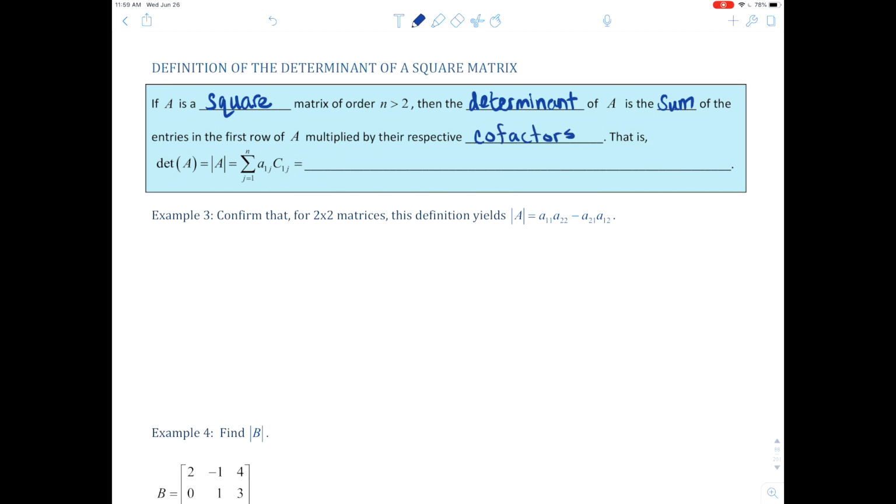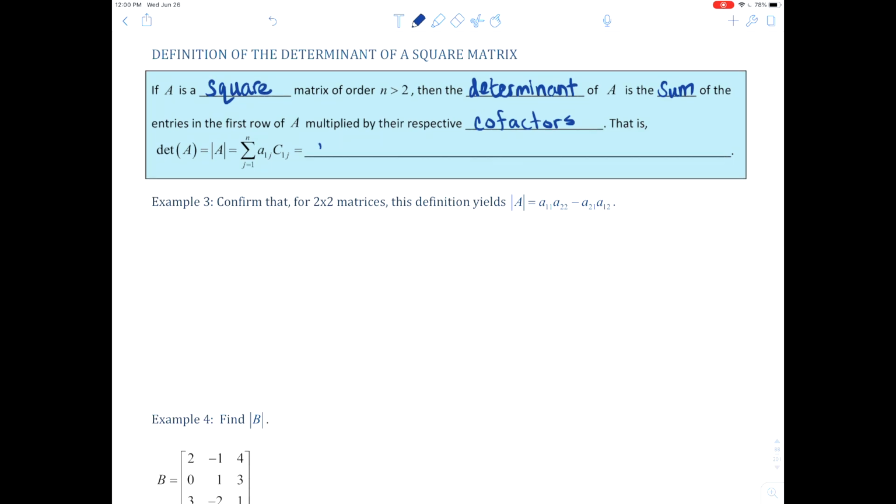That is, the determinant of A is equal to the summation from j equals 1 to n of A1j, which is the entry you're on, and then the cofactor that corresponds to that entry.